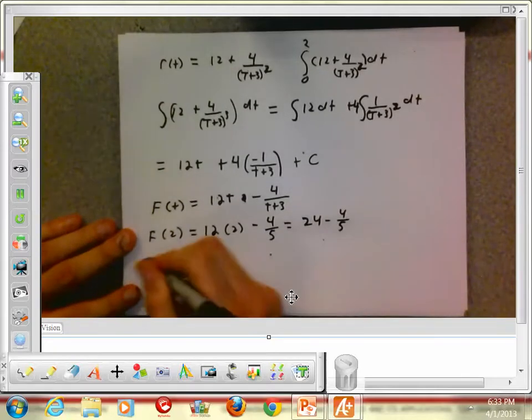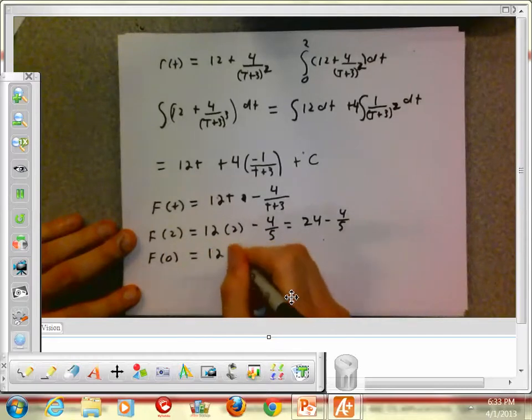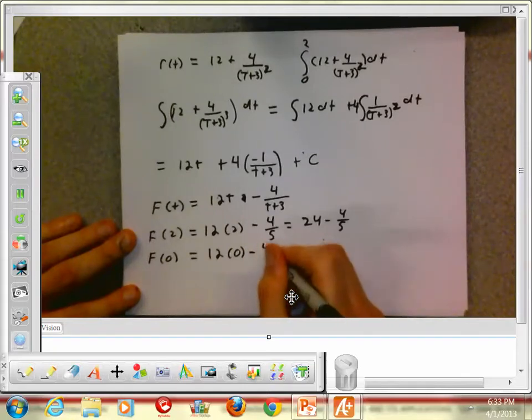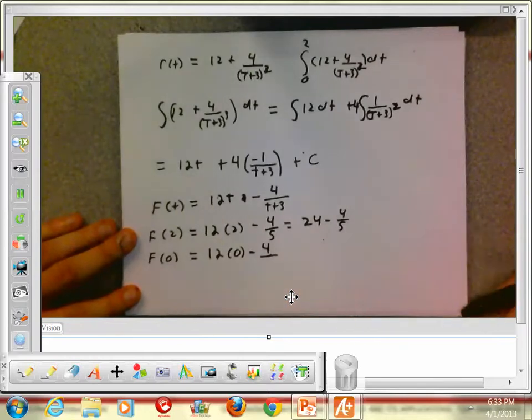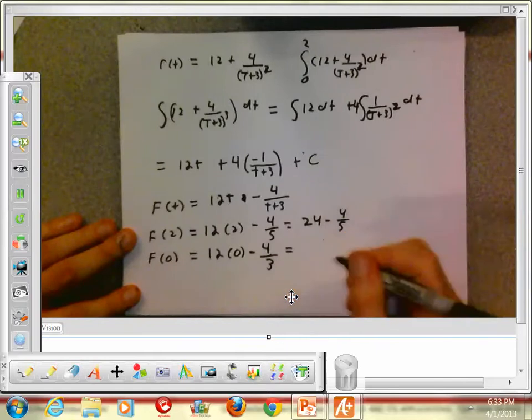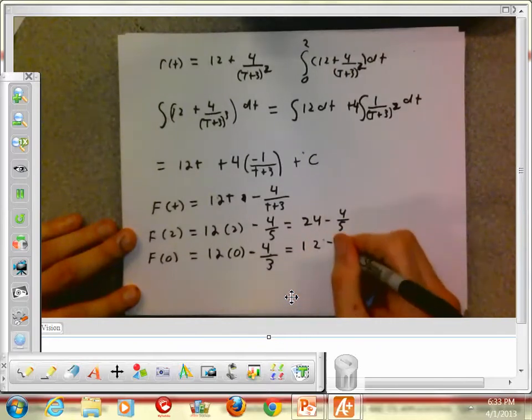It is going to be f of 0, which is going to be equal to 12 times 0 minus 4 divided by what? 3, which is going to be equal to 12 minus 4/3. All right?